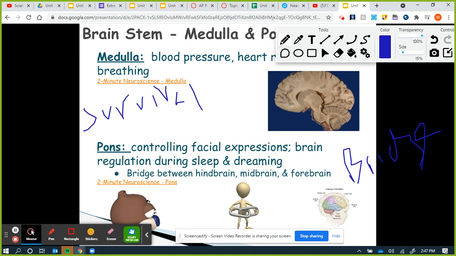And then it also does a lot in terms of regulation of the brain during sleep and dreaming, particularly sleep paralysis. The reason why we're paralyzed when we are dreaming is that the pons blocks motor signals coming from the motor cortex out to the body. That way we don't act out our dreams.